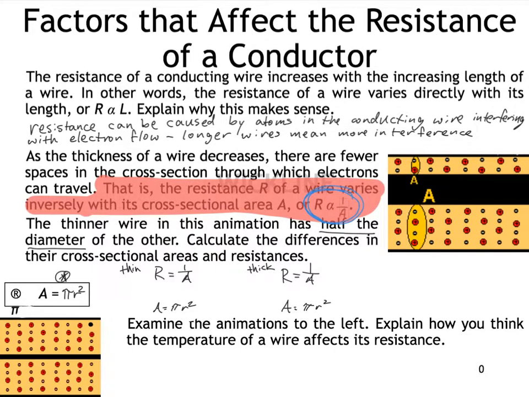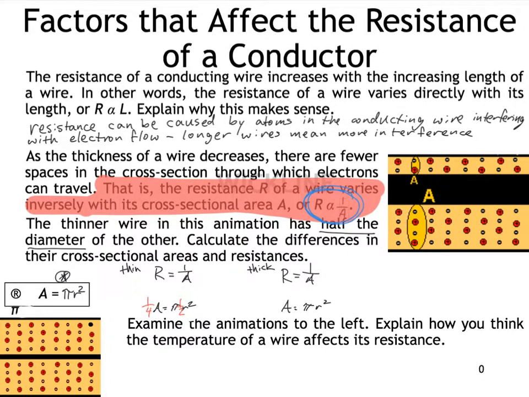So for the thin wire, it was stated that we have half the diameter of the other, which would also mean that you have half the radius. So I plugged that in there, and let me do the calculation. And I can see that having half the radius is going to give me actually a quarter of the area of the original, and that's because the 1/2 will be squared, so that's going to give you 1/4.